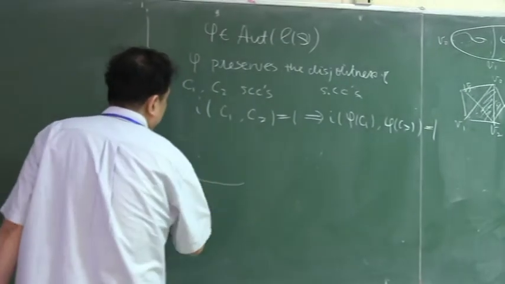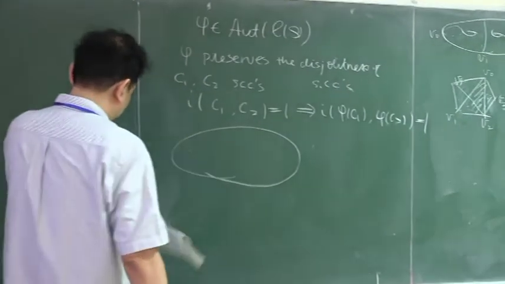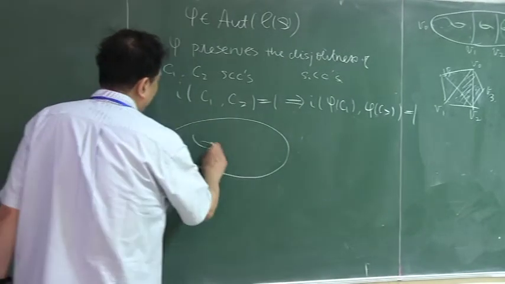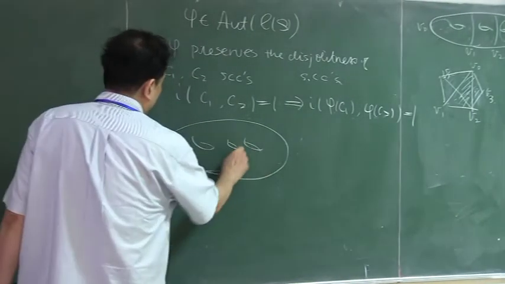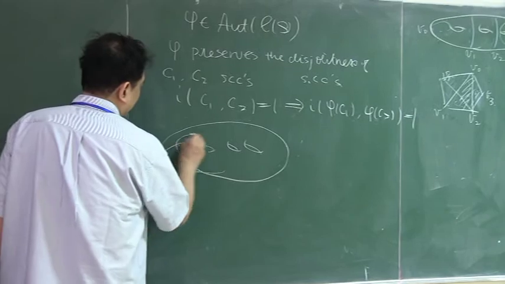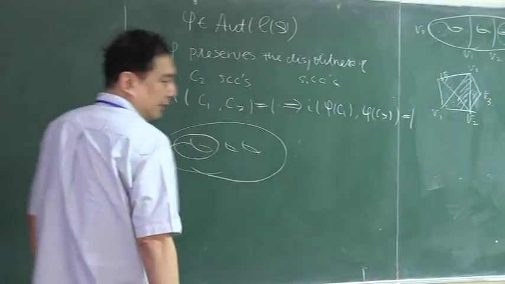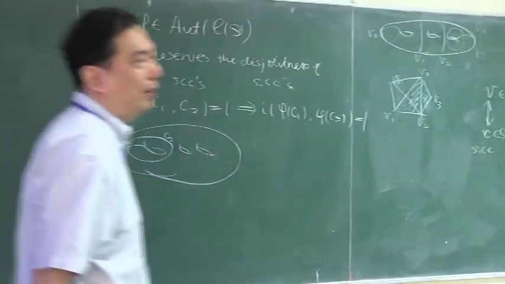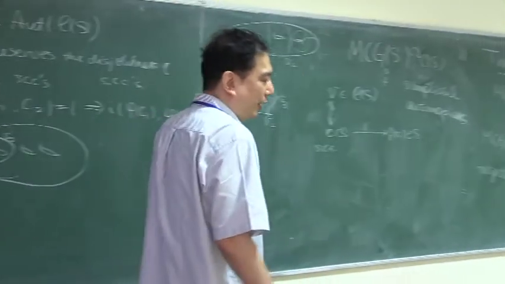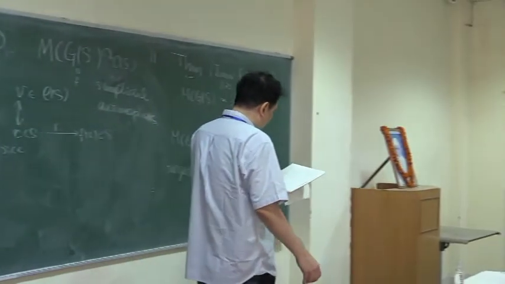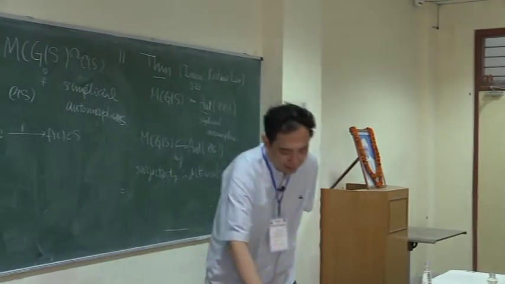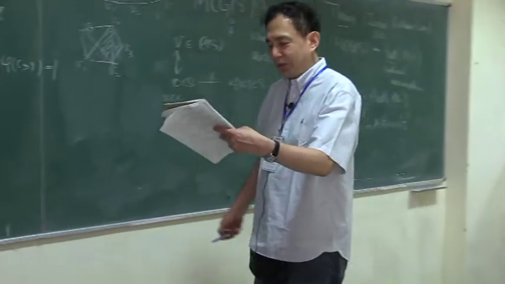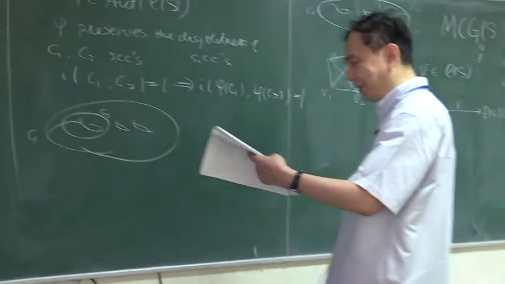This is the main step of the proof, actually. This can be done by a picture like this. Suppose you have two simple closed curves, C1 and C2, intersecting at one point. This is the condition here. Then you can draw other simple closed curves, a system of simple closed curves like this.